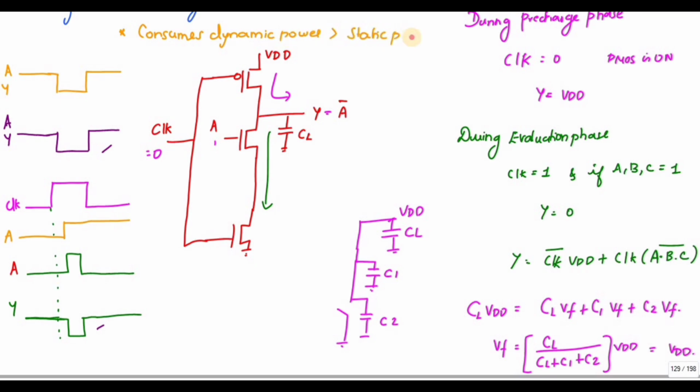In this logic, the static power dissipation is completely eliminated, because the short circuit power dissipation is completely eliminated. When the clock is 0, the PMOS will conduct, and when the clock is 1, the NMOS will conduct. So there is no direct path between VDD and ground, and therefore short circuit power dissipation is completely eliminated.